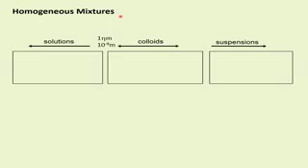Colloids are homogeneous mixtures with particle size ranging between 1 nanometer and 1 micron, or 10 to the minus 6 meters. That's 1 millionth of a meter. And suspensions have particle size ranges between 1 and 10 microns. And these different particle size ranges give rise to different physical properties.